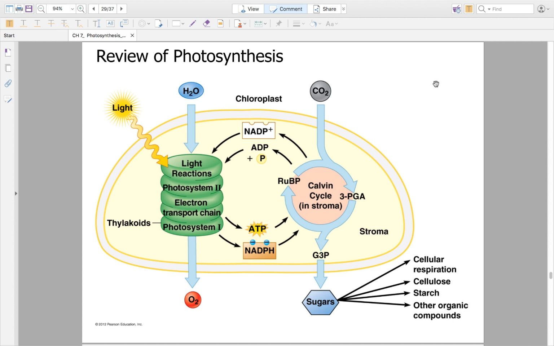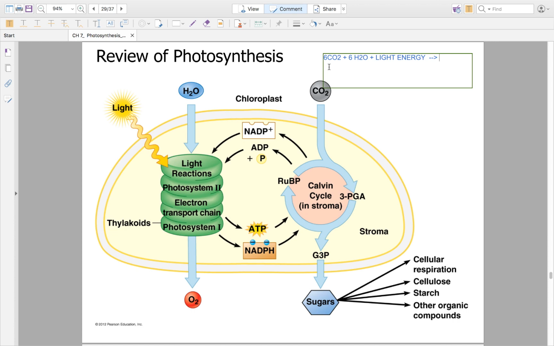This is the photosynthesis roadmap, and now remember, the formula for photosynthesis is as follows: 6 CO2 plus 6 H2O plus light energy and/or solar energy.